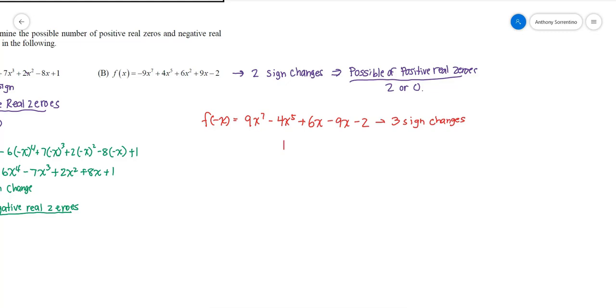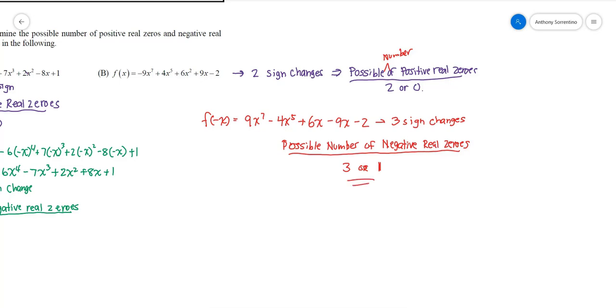And therefore, when I look at the possible number of negative real zeros, I could have 3 of them. I can subtract an even integer of 2, which can be 1 of them. And if I subtract 2 from that 1, that's going to be negative.